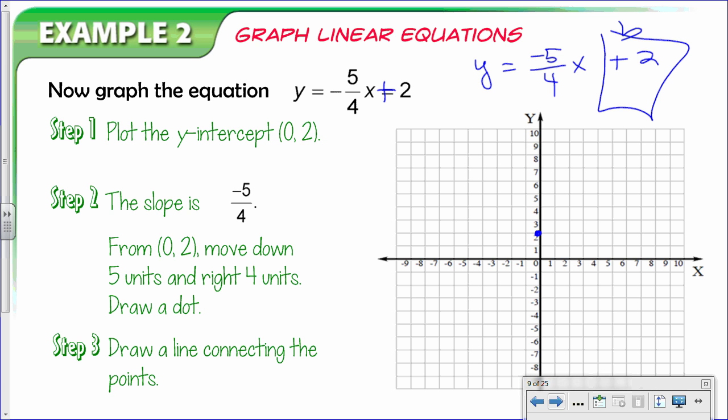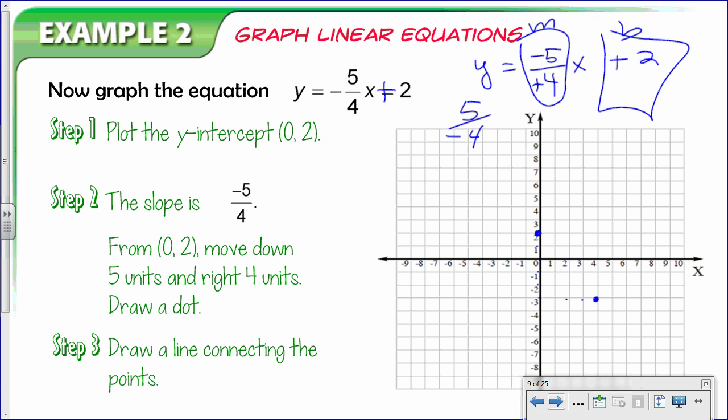From that point, I'm going to count 1, 2, 3, 4, 5, and then 4 is a 1, 2, 3, 4. Okay, what's another way I can write this? Can I put it as 5 over -4?